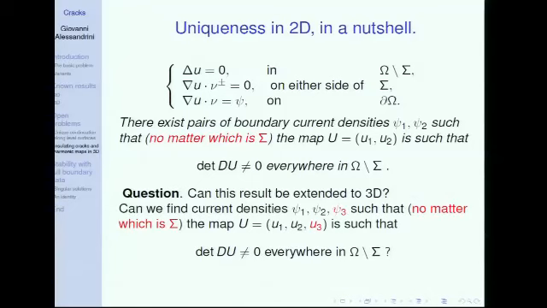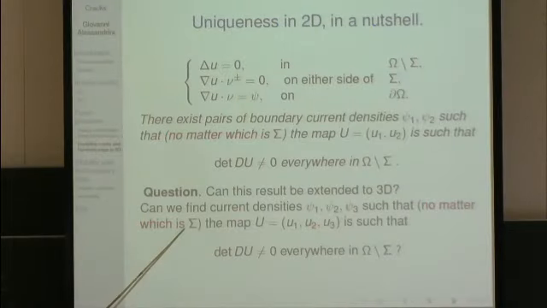So can we find triples of current densities such that the corresponding harmonic map has the Jacobian determinant non-vanishing everywhere? And we would like, of course, to have this result independently of sigma. That is, this triple should work whatever sigma is.